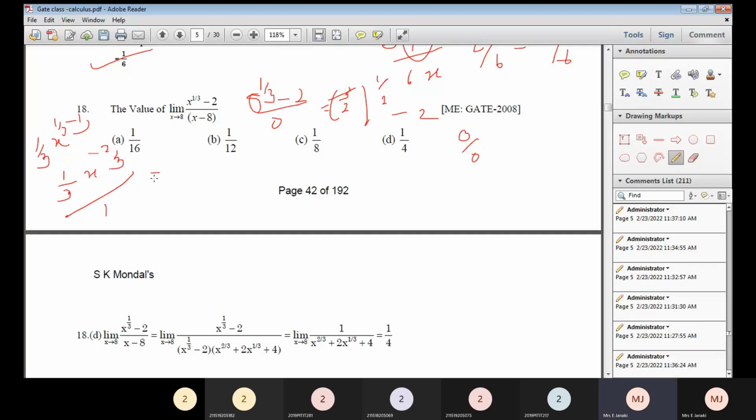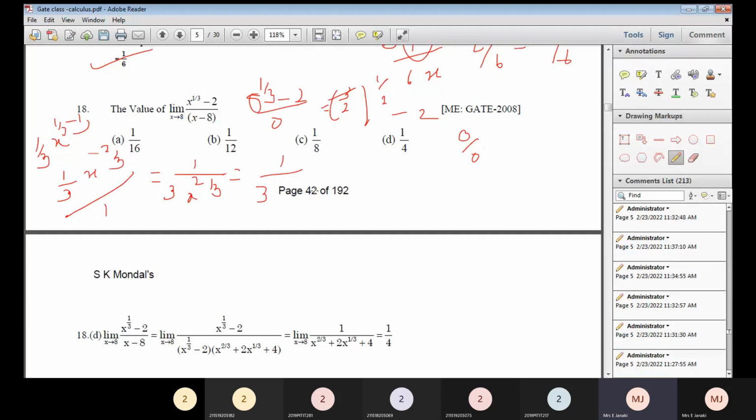Now you are applying the limit. This can be written as 1 by 3 into x to the power of 2 by 3. Now this is 1 divided by that; apply the limit x tends to 8.